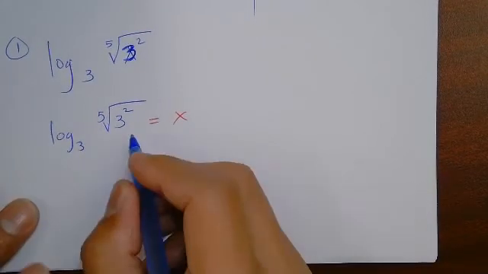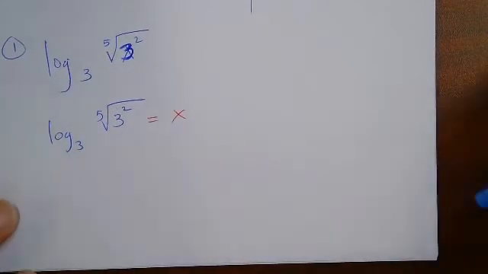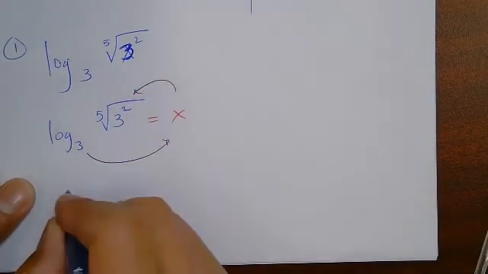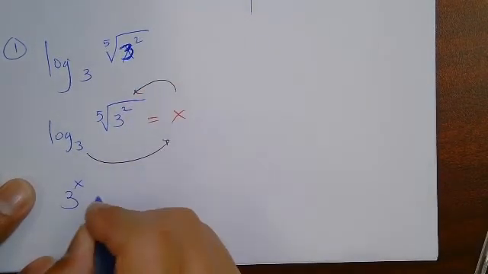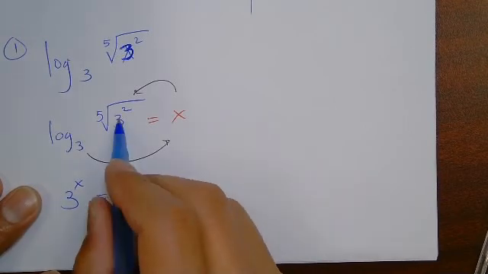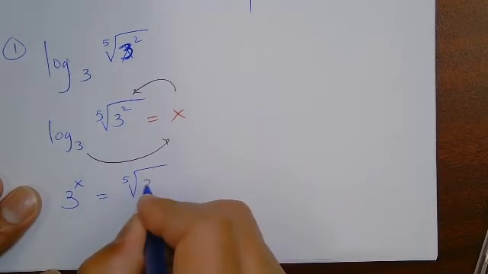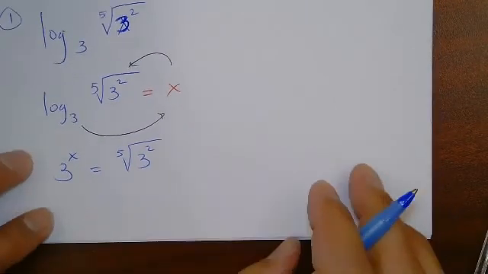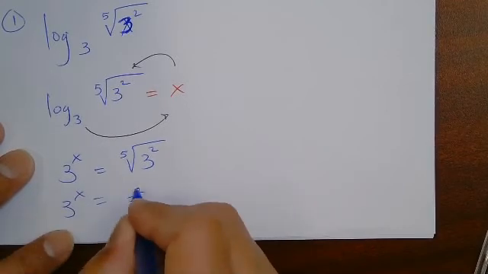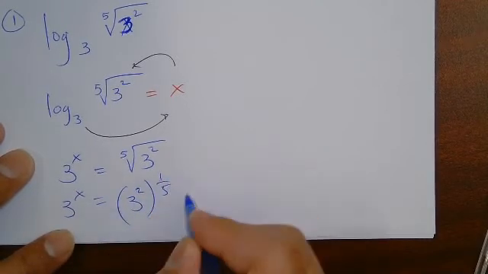So now we've got to change this to exponential form. 3 to the power of x is equal to the fifth root of 3 squared. That's 3 to the power of x is equal to 3 squared raised to the 1/5 power.